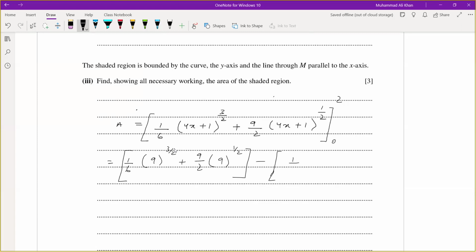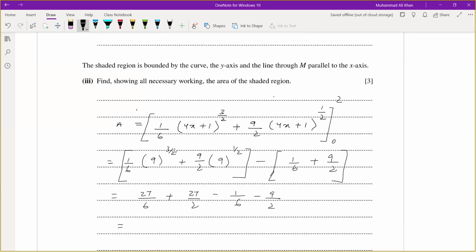So it will be 1/6 plus 9/2. You can also solve this directly with a calculator; it's not necessary to show the step. So it will be 27/6 plus 27/2 minus 1/6 and minus 9/2.